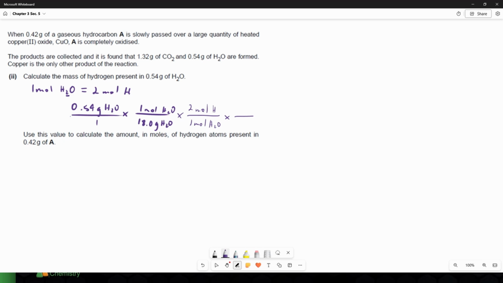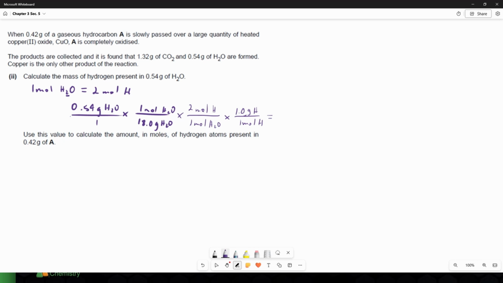And then in order to turn this to grams of water, we need to say that 1 mole of hydrogen is equal to 1 gram of hydrogen. This is coming from the fact that the molar mass of hydrogen is 1.0 grams per mole. So we have 0.54 divided by 18 times 2 times 1.